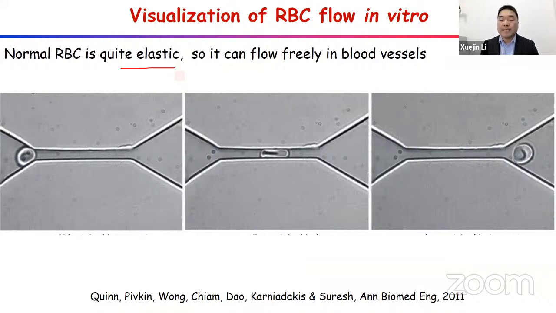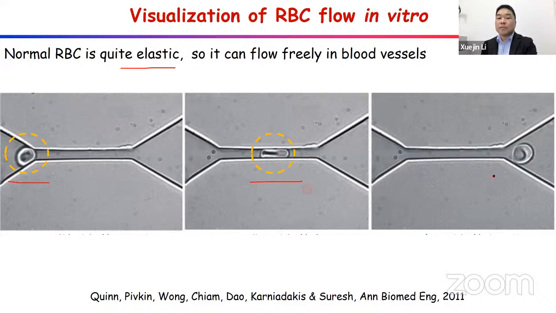And we can tell from these 3 experimental images that the red blood cell has a large deformation as it squeezes through the narrow channel, and the cell shape changes from its normal biconcave shape to an elongated shape during the transversal process.